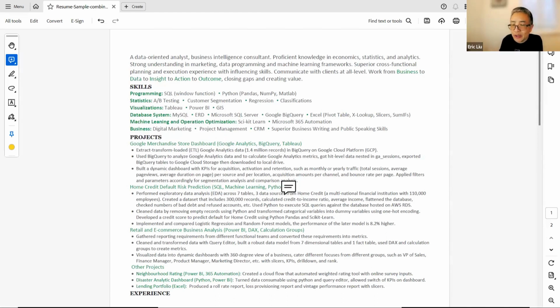Without relevant experience in DA and BI, she supplemented with project experience, and it was recognized by the employer. So this is the proof, right? She included 6 projects.